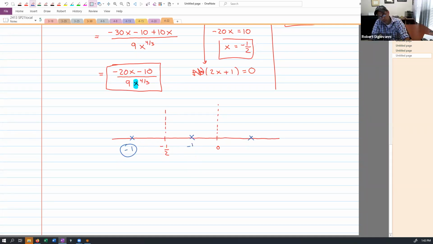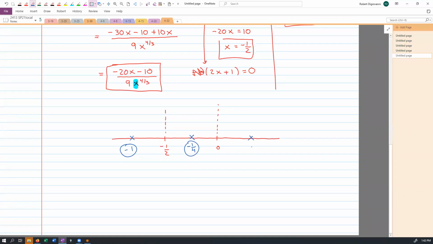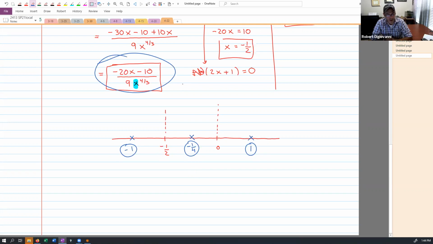Okay, -1/4. And then here, 1. And where are these going? The second derivative. This one right here. Yep, they're going into that. So I need f double prime of -1, f double prime of -1/4, and f double prime of 1.